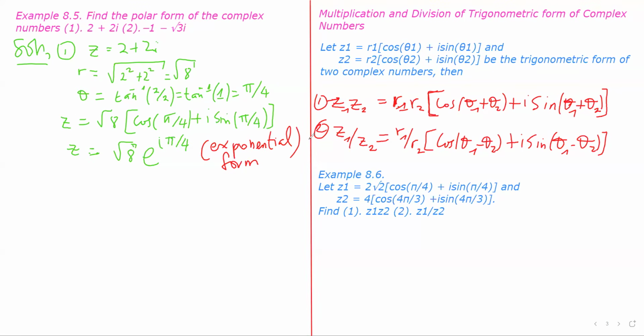And the second one, example 2. If you have z equal to -1 minus square root of 3 i, then r is nothing but the square root of -1 squared plus the square root of -3 squared.